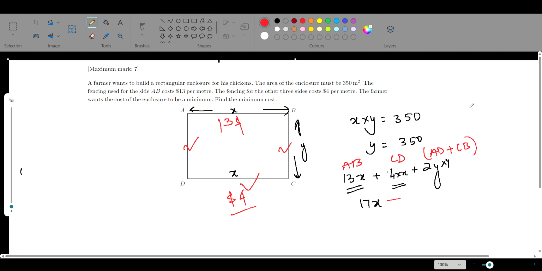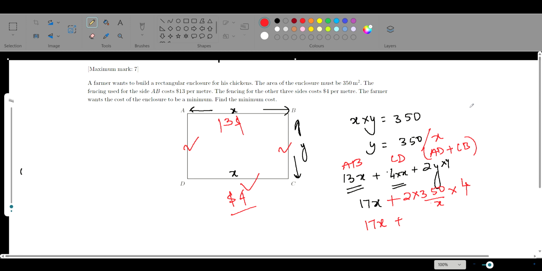What is the Y? Y is 350 upon X, times the 4 which is here.